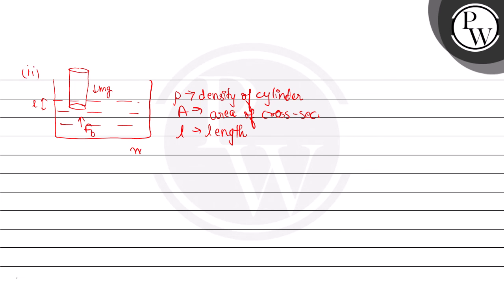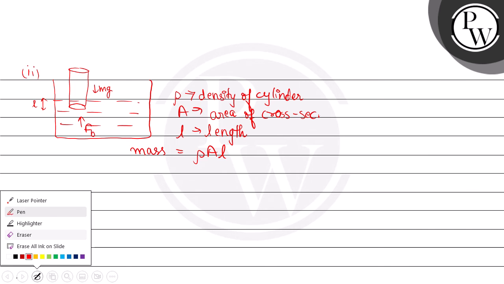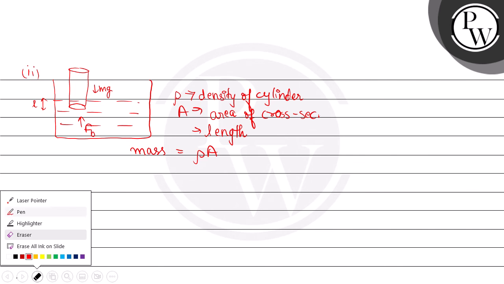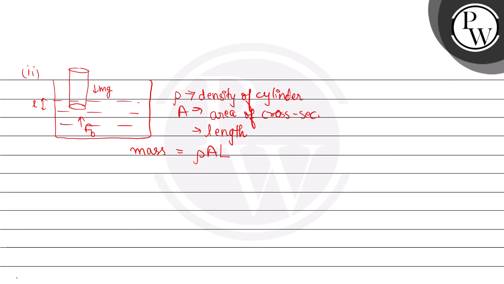Now for mass, this will become rho into A into L, and if this is the length, so we can consider it. Let me write it capital L here. So we have got this part.